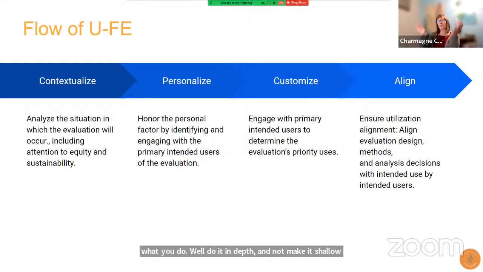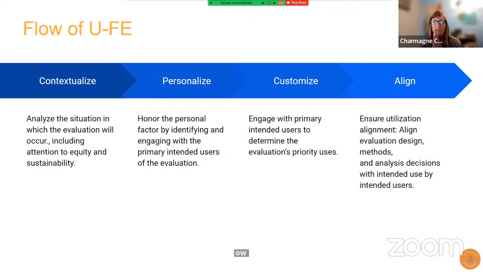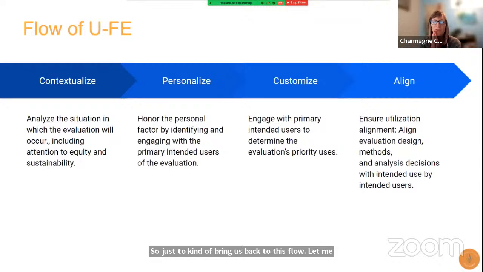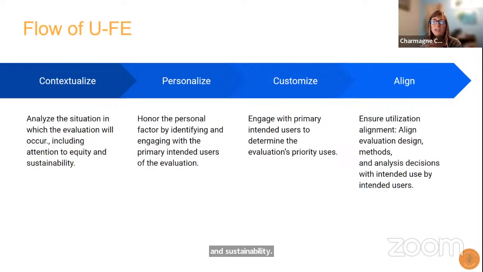So just to bring us back to this flow that we started with, this really is about setting the context, analyzing the situation, including attention to equity and sustainability, personalizing it, honoring the personal factor, identifying and engaging those intended users, and then getting to this place of customization, engaging with them to understand that purpose.